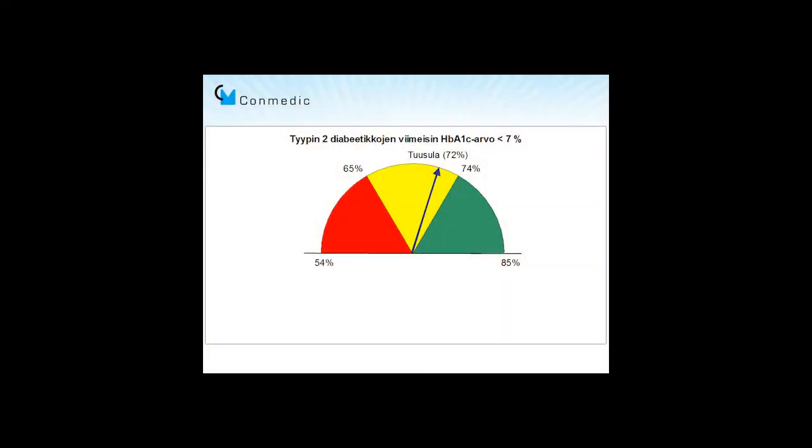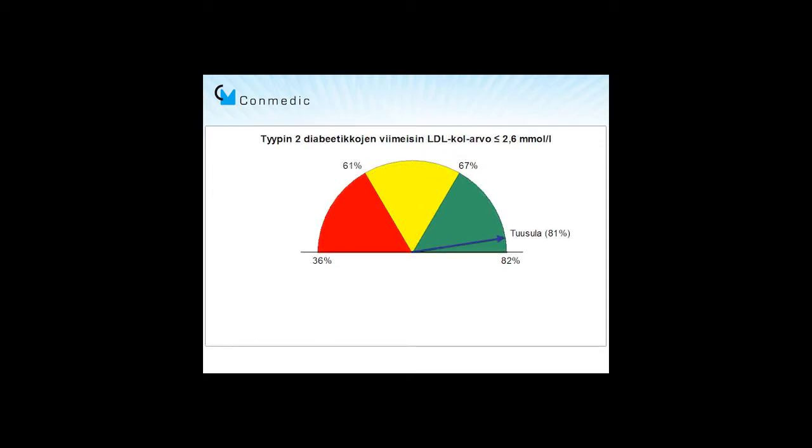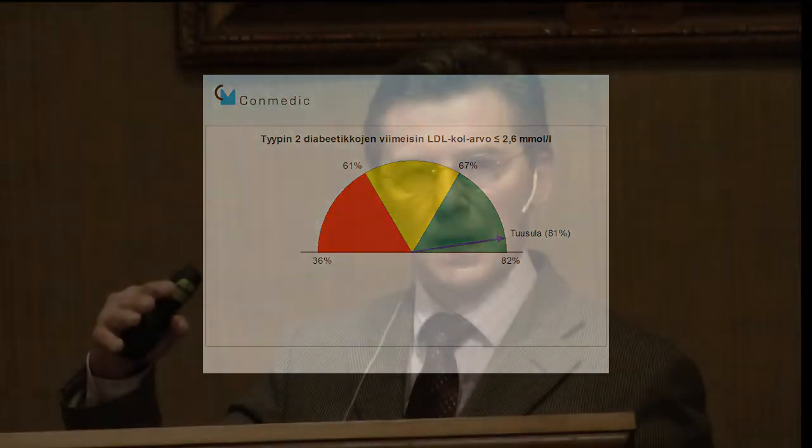And again, we know that the better the blood sugar level measured by hemoglobin A1c, the fewer coronary infarctions we have. So here again, we have a surrogate indicator to see, are we preventing coronary infarction, and so on.